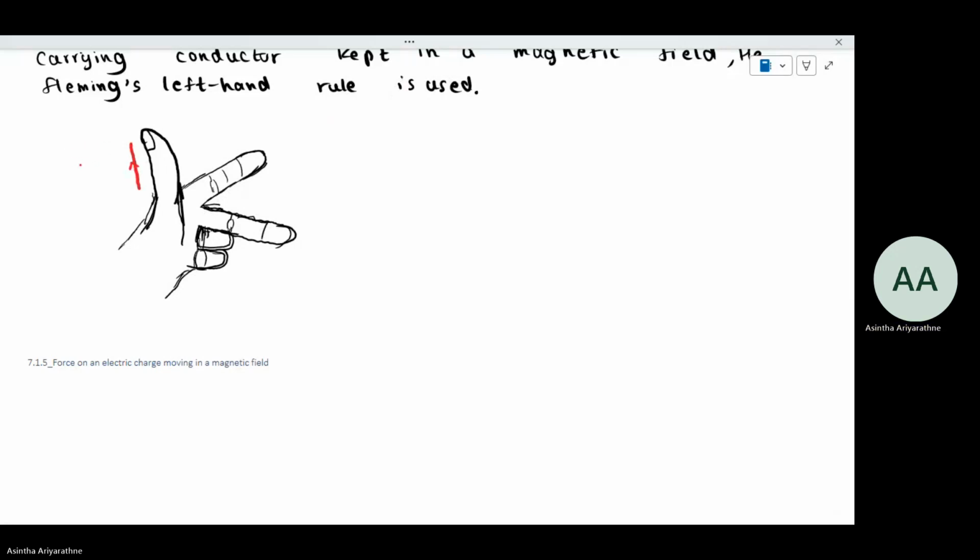The forefinger should be directed towards the direction of magnetic field, and the middle finger towards the direction of current I. So FBI: Force, magnetic field, current.